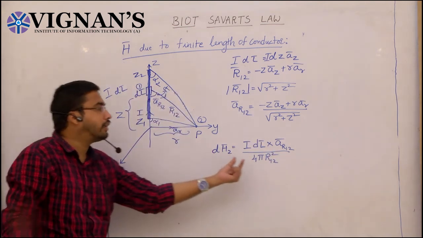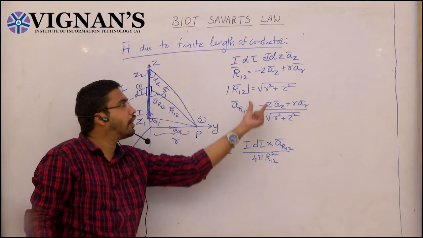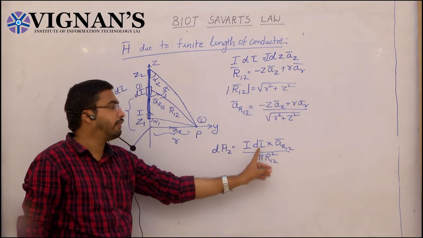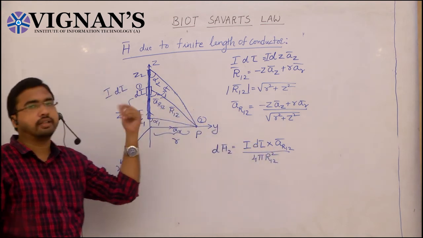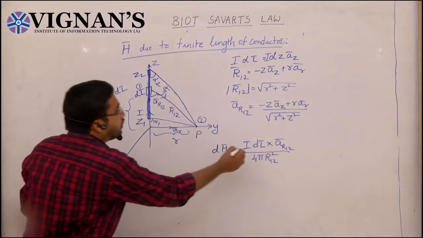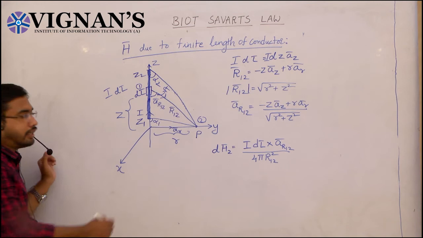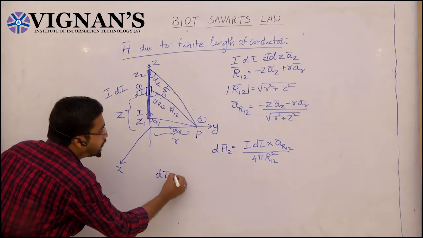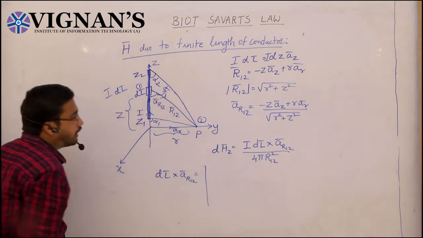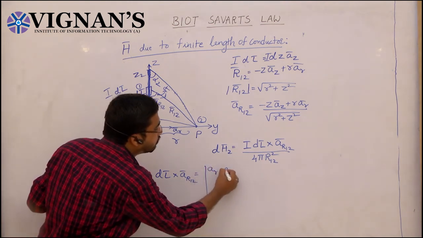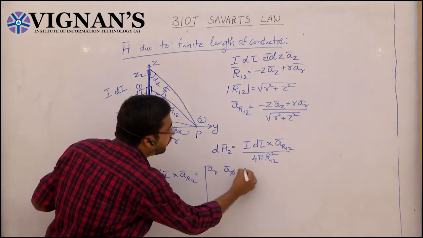Okay. So here already we know the magnitude of R12. Simply if we find DL bar cross AR12 bar value, we can get the value of magnetic field intensity. So let us find the DL bar cross AR12 bar. Find the determinant. Take the cylindrical system AR, A phi and AZ.